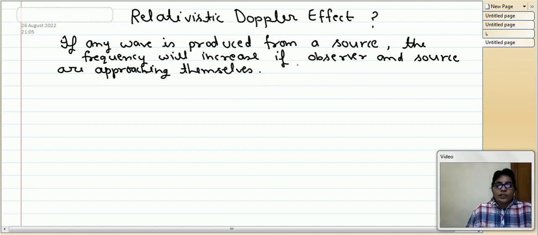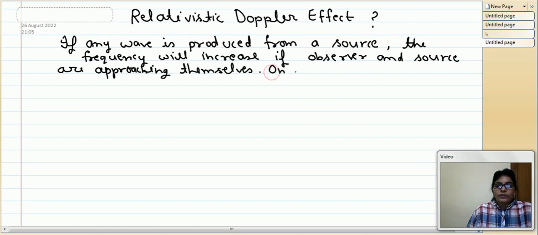So it is the relative motion. Observer is moving or source is moving, it doesn't matter. The main thing is that if the observer and source are moving towards each other, then the frequency will increase.